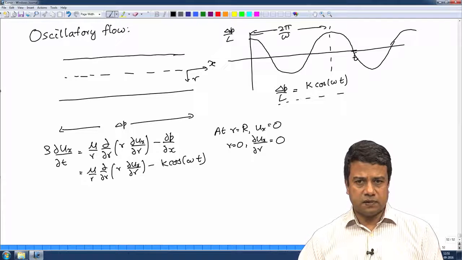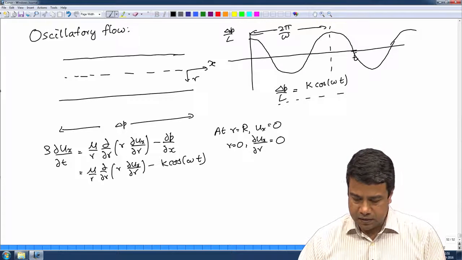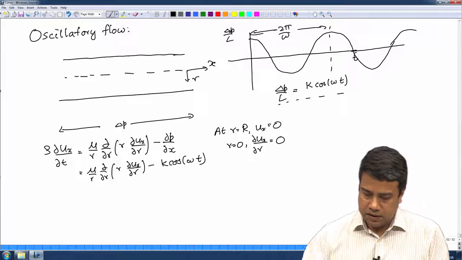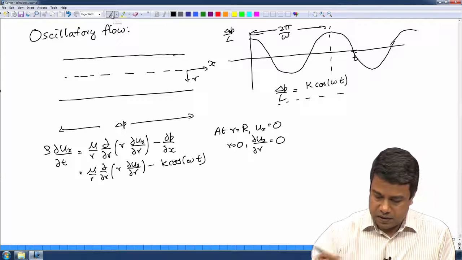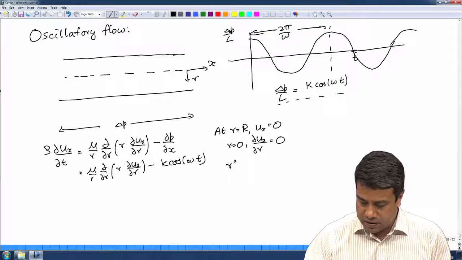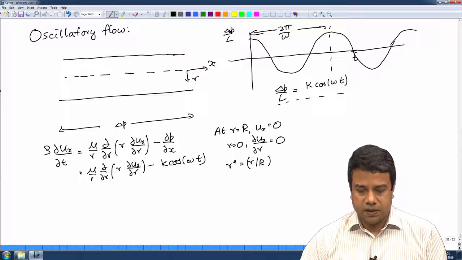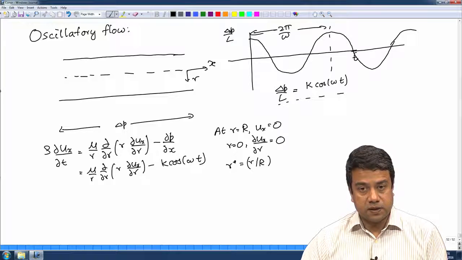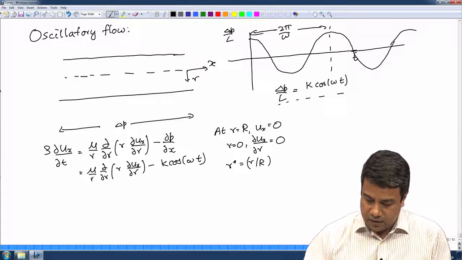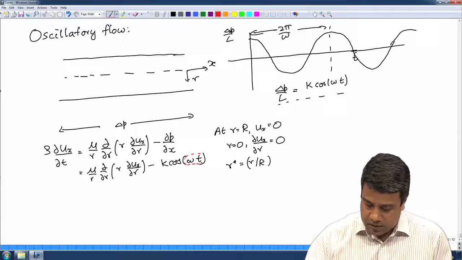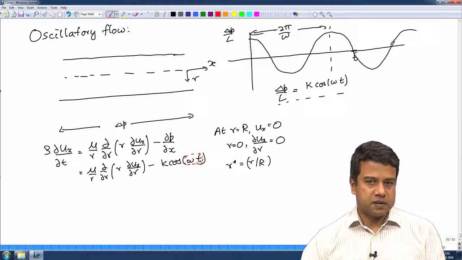So, how do we solve this equation? It helps first to scale the equation. I can scale the radial distance, r star is equal to r by capital R. And what about the frequency, the time scale? I already know that omega t is dimensionless.